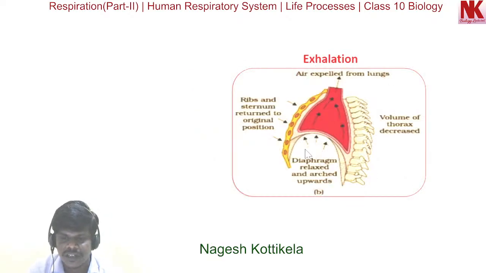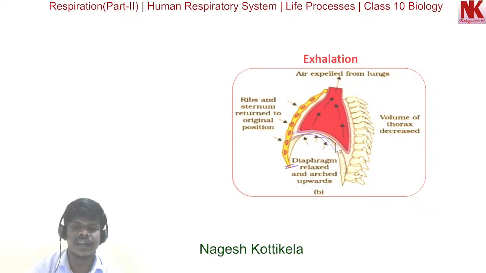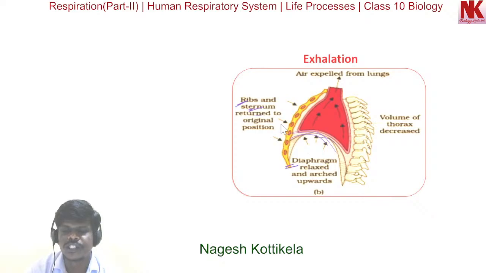You can see the direction of movement of the diaphragm. The diaphragm is relaxed and arched upwards, this is what we call arched. External intercostal muscles also relax and the ribs and sternum return to their original position. See the direction of their movement.